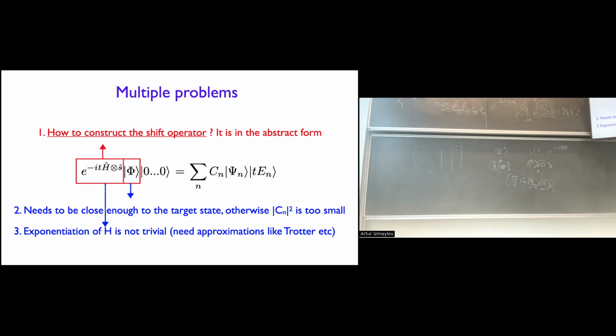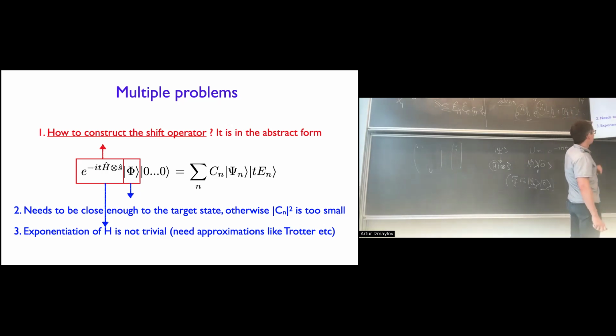This was asked somewhere in the beginning of this lecture series. There are ways to prepare a good initial state, but it's an interesting problem on its own. How do we really estimate how good the state is that we're starting with? Does it have a good overlap? This is not something that I'm going to discuss today.